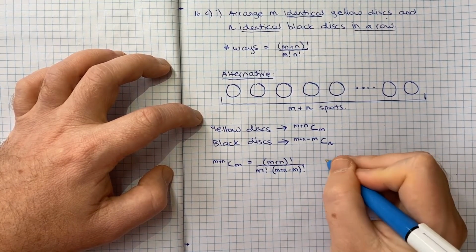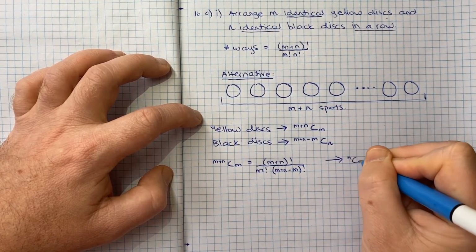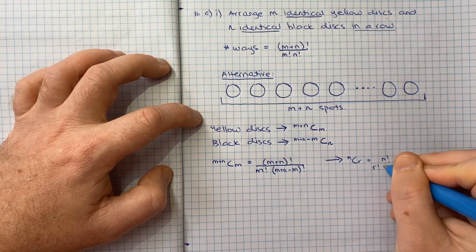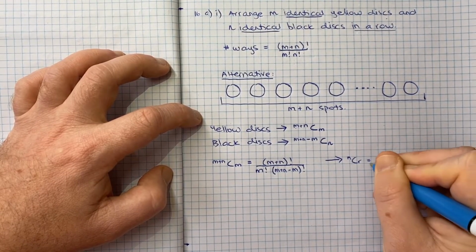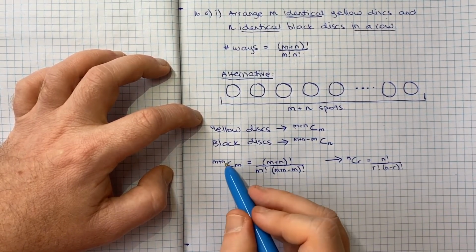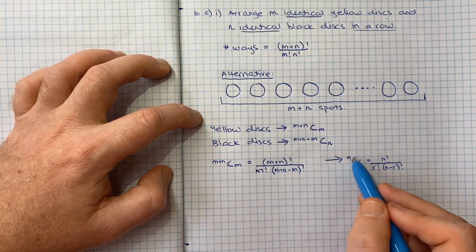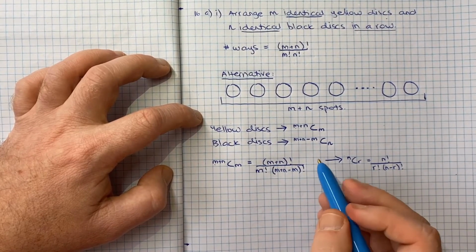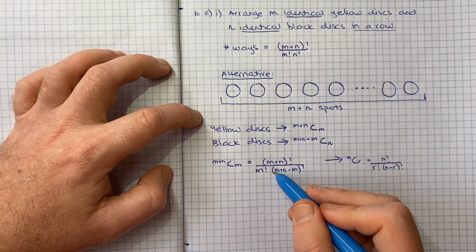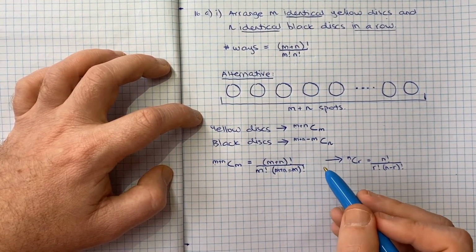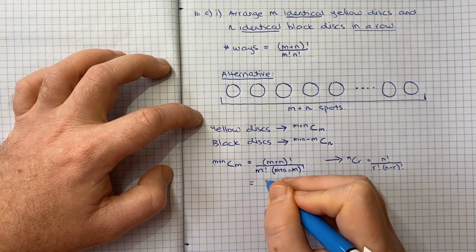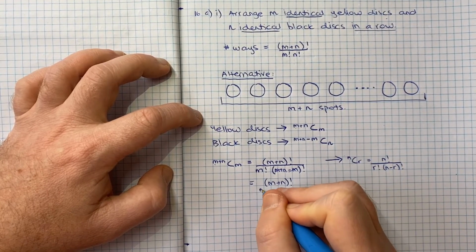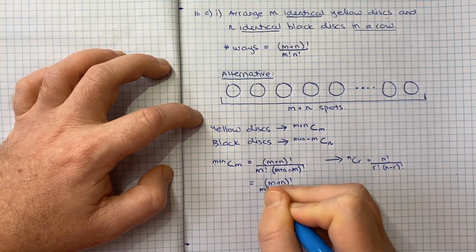That's basically just using the generic rule nCr equals n factorial over r factorial times n minus r factorial, but with M plus N instead of n by itself and M instead of r. So these M's will cancel and we end up with M plus N factorial over M factorial N factorial.